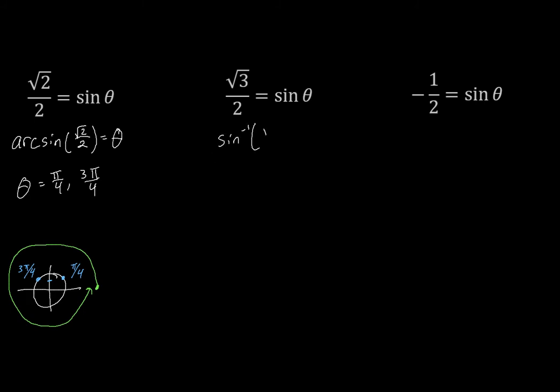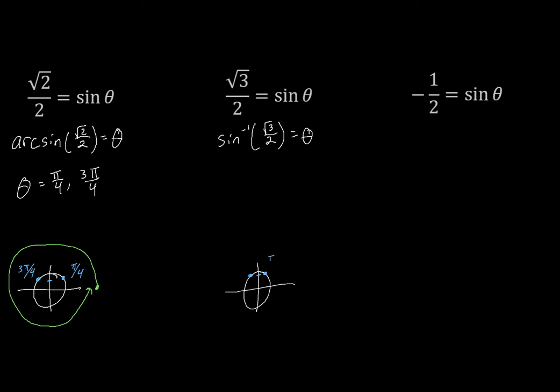So in this case, we're taking the inverse sine. So again, this question's asking, when does sine equal root 3 over 2? So when does sine of theta equal root 3 over 2? I'm going to draw myself a little unit circle. Sine is your y value. So I'm asking when my y value equals positive root 3 over 2.